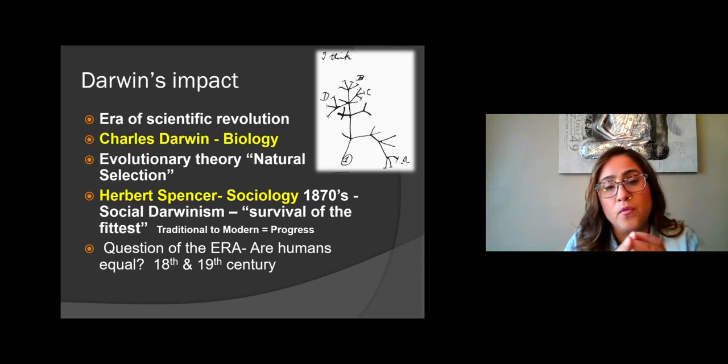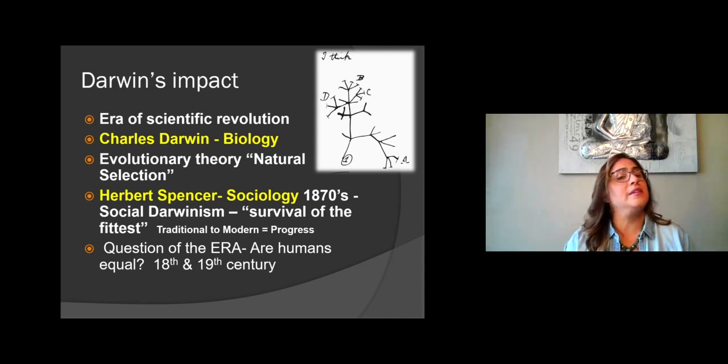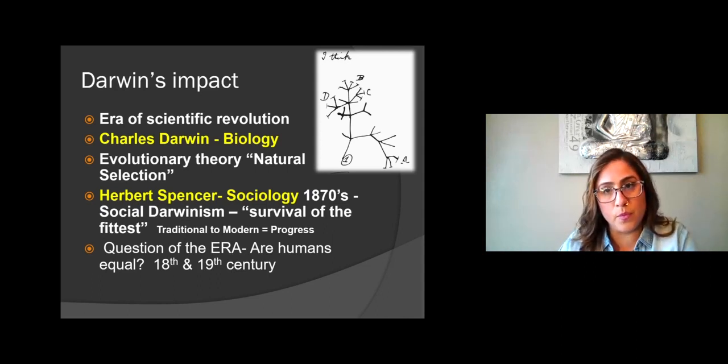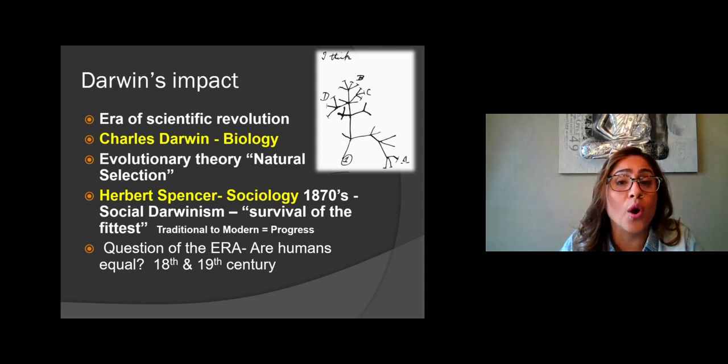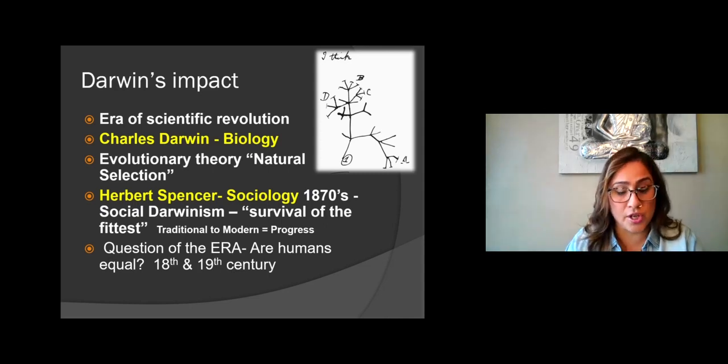And so from the era of the scientific revolution came about this debate of there is a different method to trying to understand our environment, to trying to understand how things work. We can't depend solely on the information derived from the church.